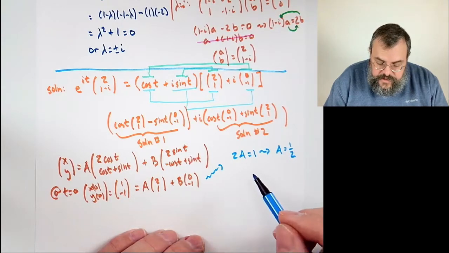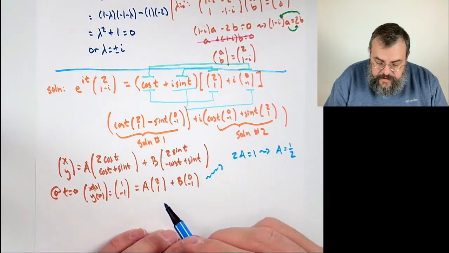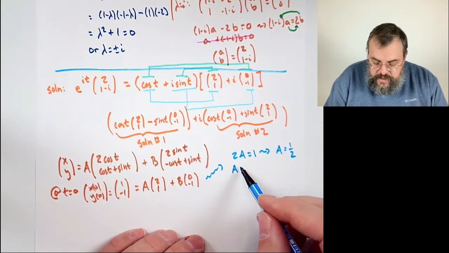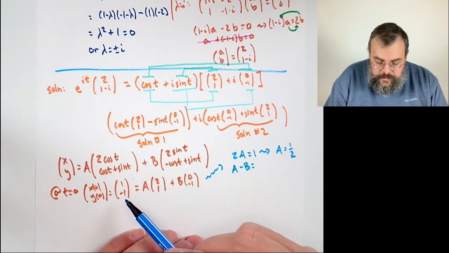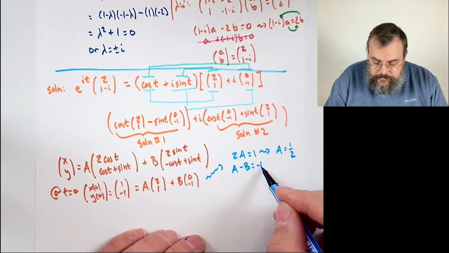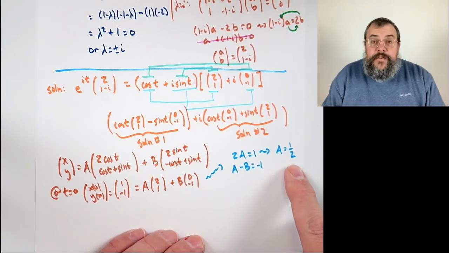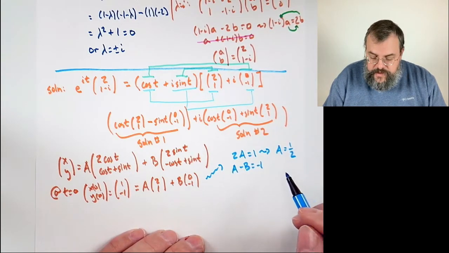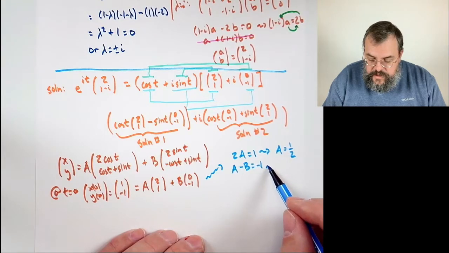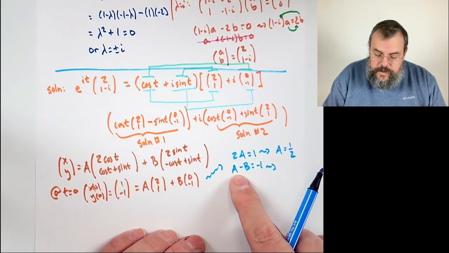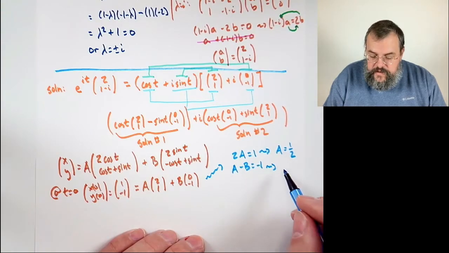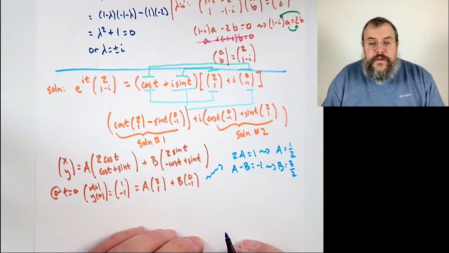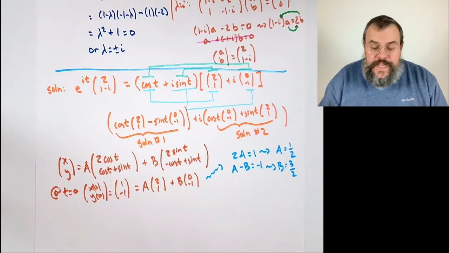And the second equation says, reading off, a times 1 minus b has to equal minus 1. Now, we know a equals a half, so a half minus b is minus 1. So what does that say? Well, if you want, you can add 1 to both sides, add b to both sides, and we come to the conclusion that b has to equal 3 halves. So now we know a and we know b.